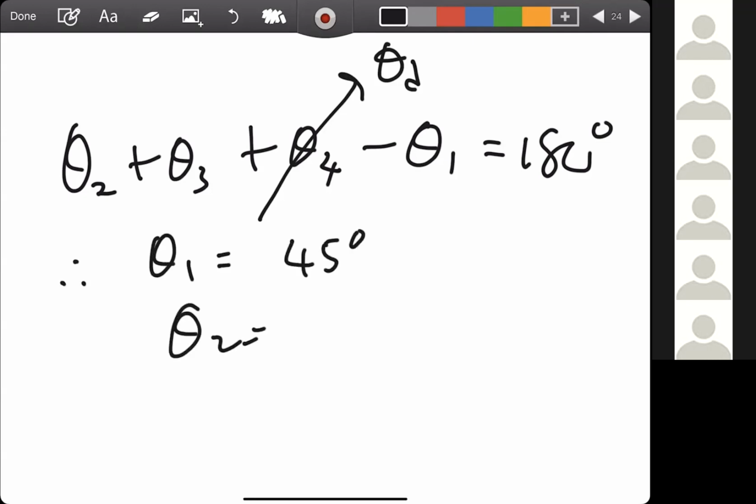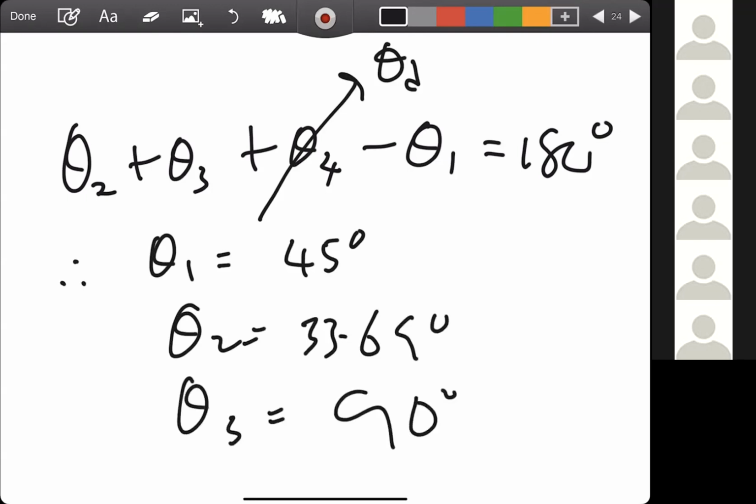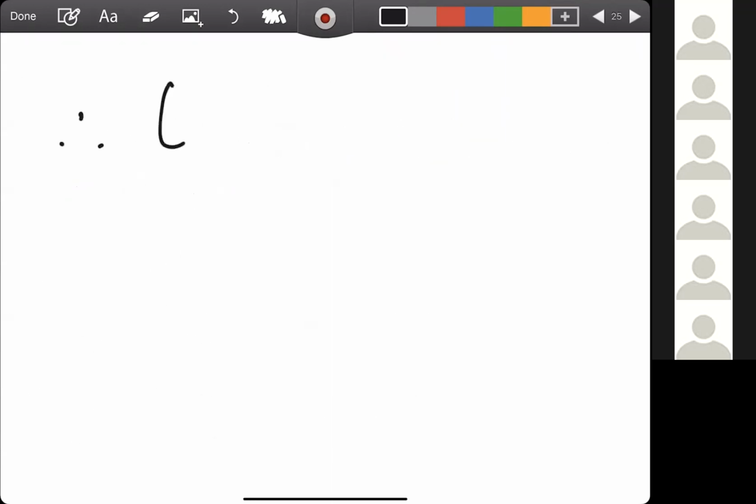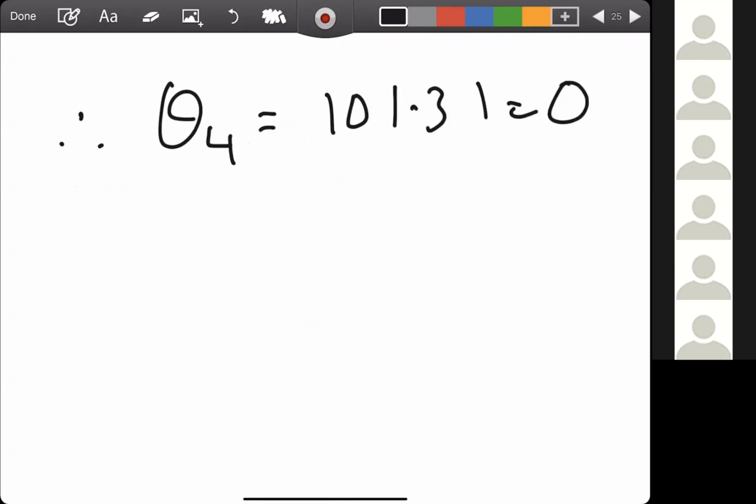Theta 2 is 53.69 degrees. And theta 3 is 90 degrees. So theta 4 you get 101.31 degrees, which is theta departure.